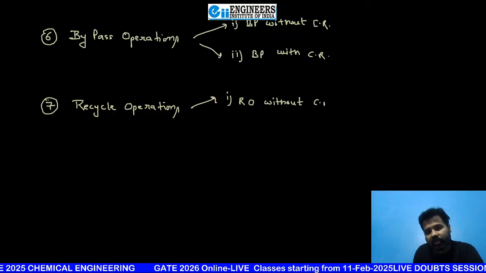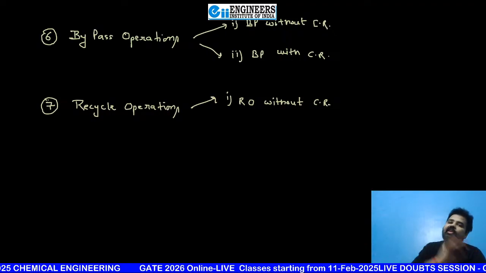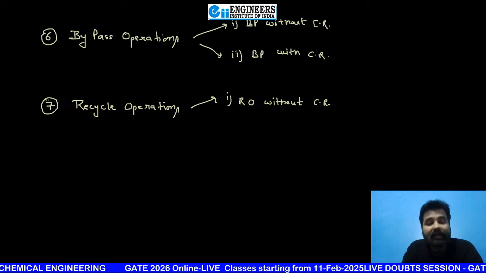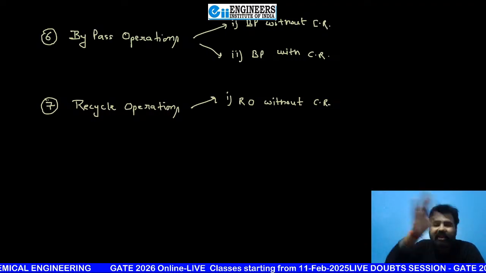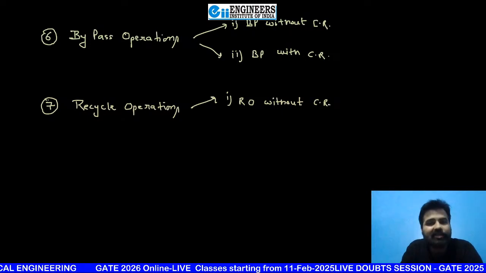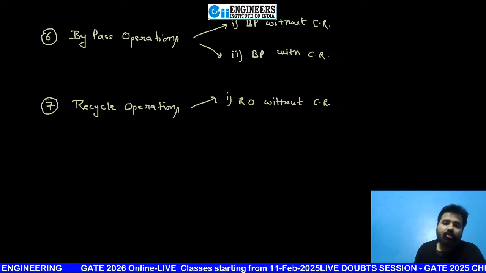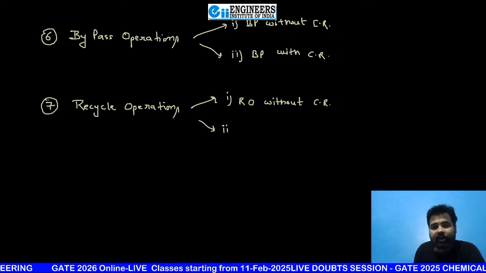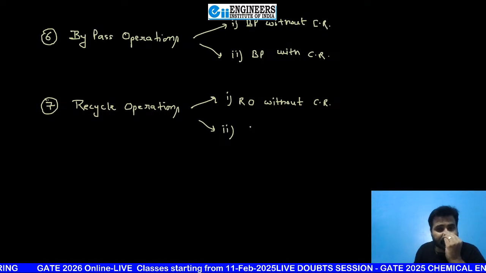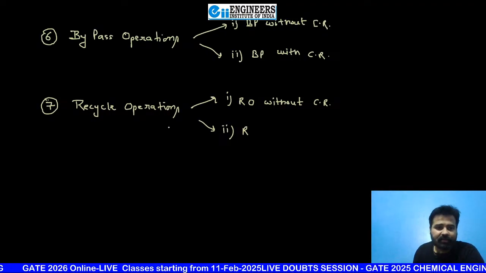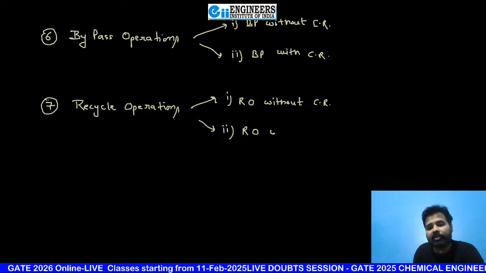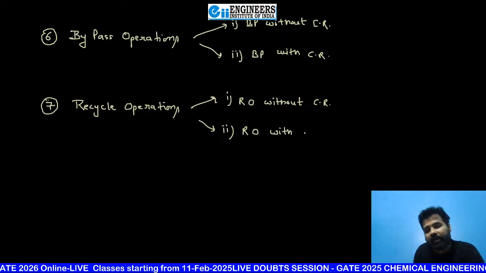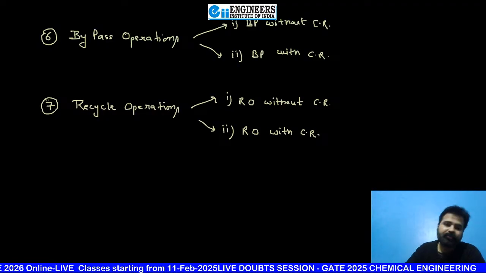Without chemical reaction, like suppose some dryer is there and you want to dry some solid and you are recirculating air, then air is recycling. So recycle operation without chemical reaction. And after completing this chapter you will see the second subchapter of recycle operation, that is recycle operation with chemical reaction.